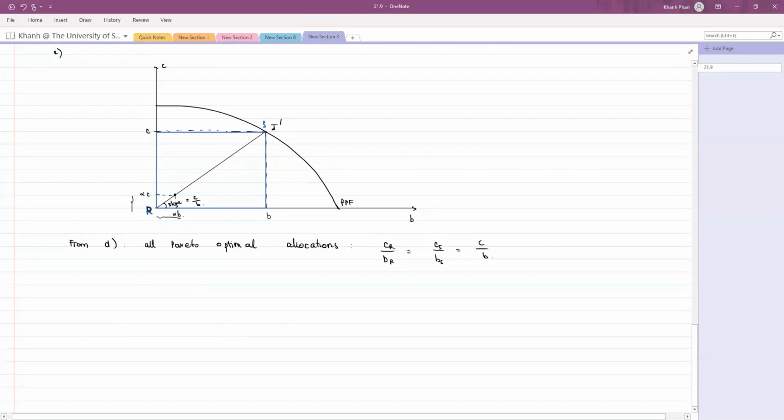So it has to be alpha C and alpha B divided by each other in order to get C and B. Having said that, any point along this line is going to be a Pareto optimal allocation because it's going to have the ratio of C on B. And so this is the Pareto efficient or Pareto optimal allocations.